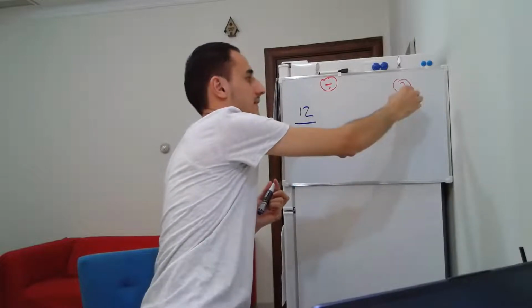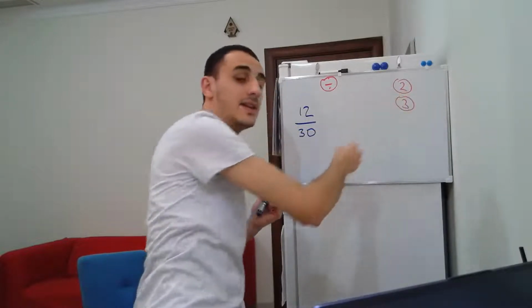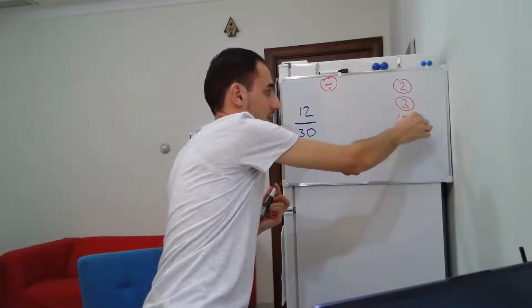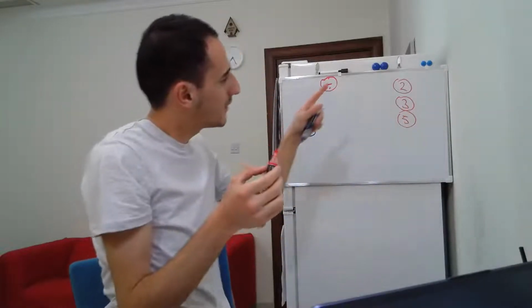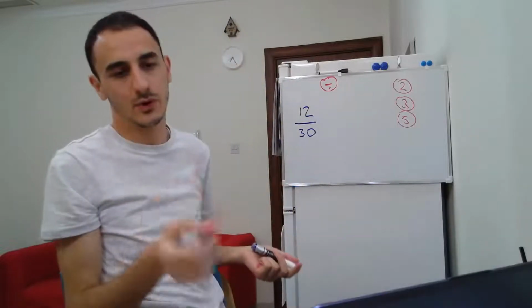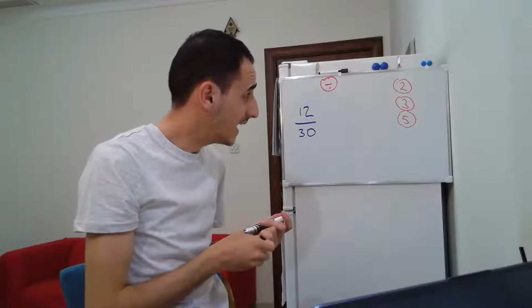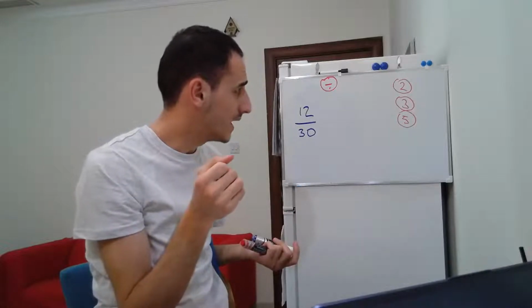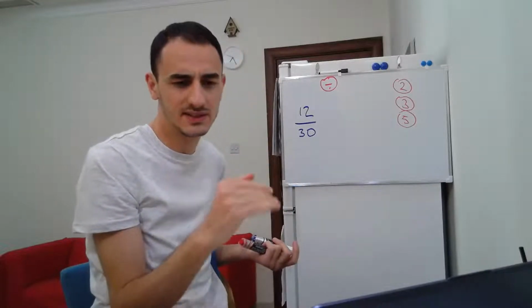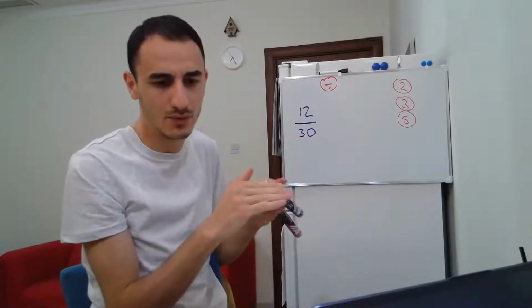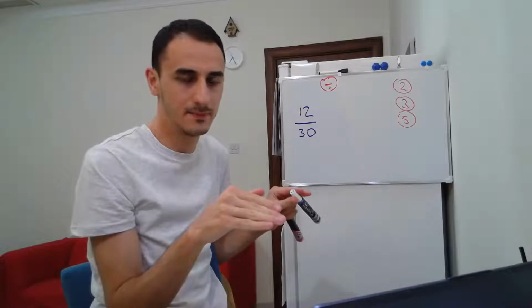If it doesn't, then 3. If it still doesn't, maybe check 5. One of these options will probably work. If you checked 2, 3, and 5 and it doesn't work, most likely it means it is in its simplest form and there's nothing to do with that.